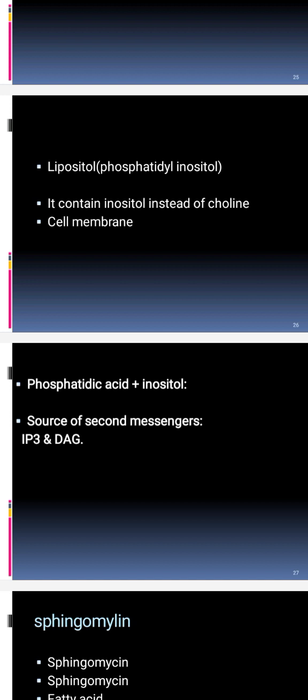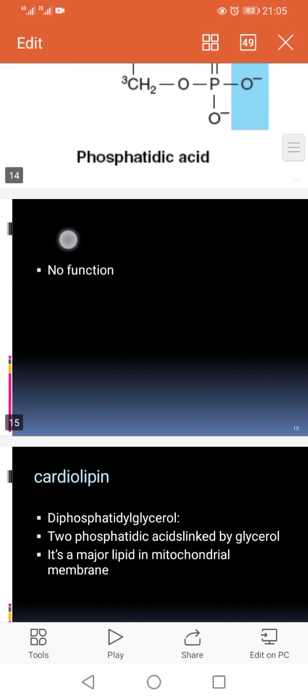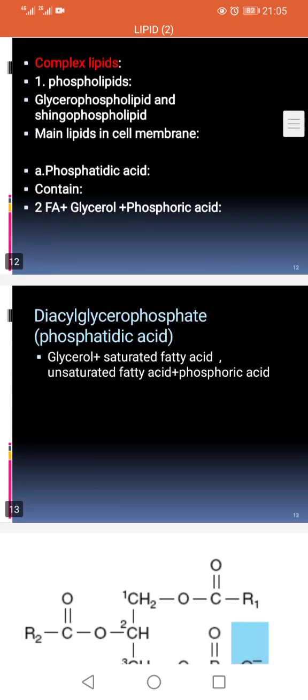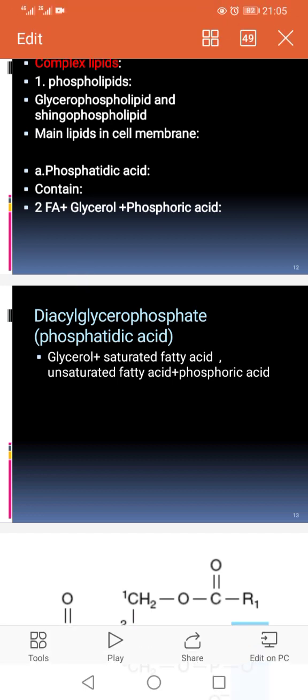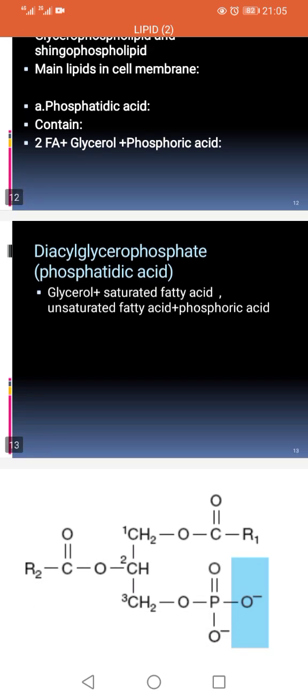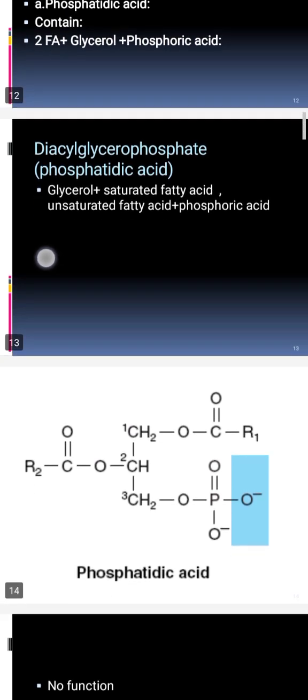Can you remember all the types that we talked about? Let's have a quick look at them. So, complex lipid, as we mentioned, contains phospholipids. It contains phosphatidic acid, which can be called diacyl glycerophosphate.